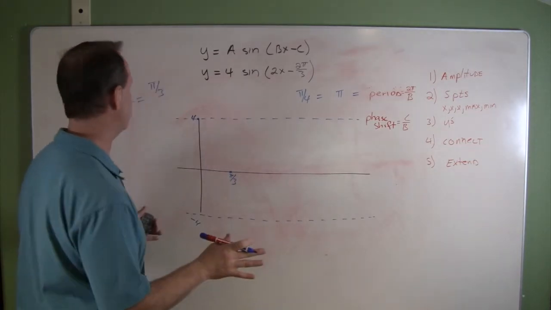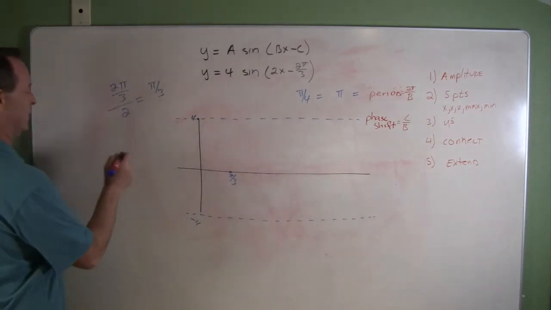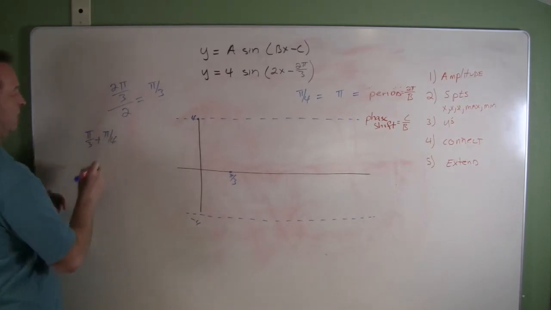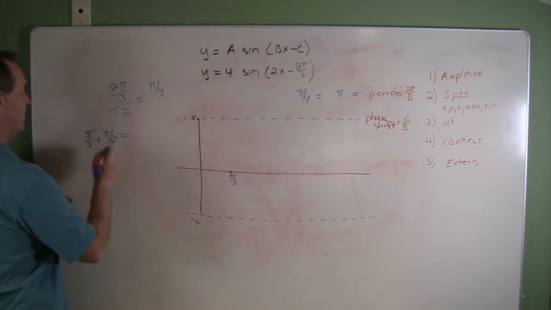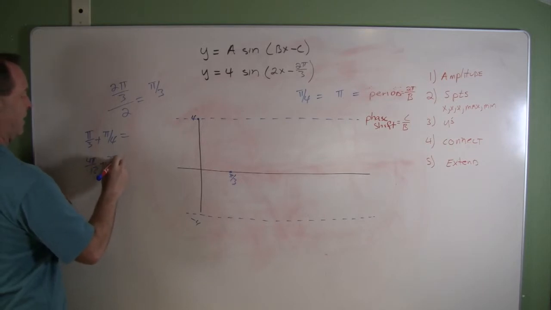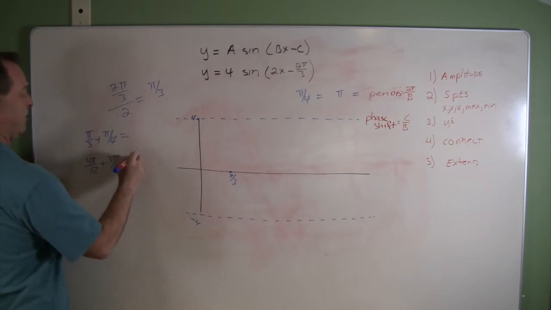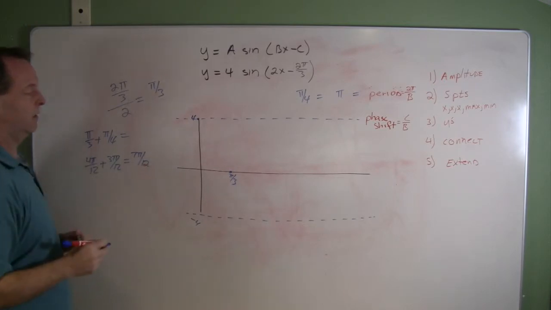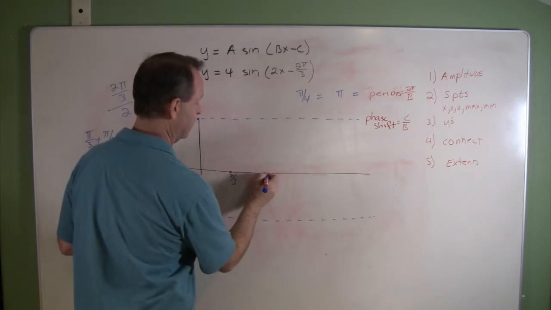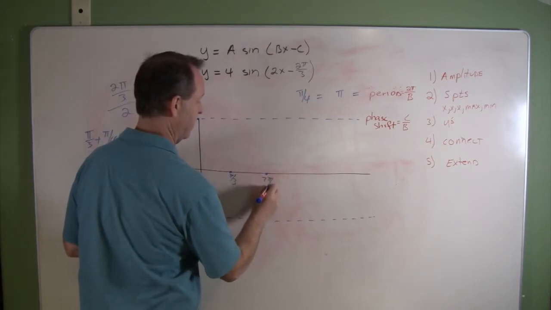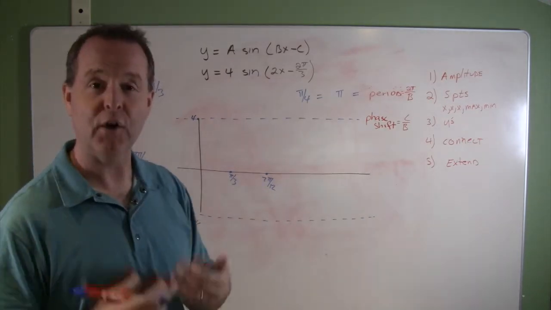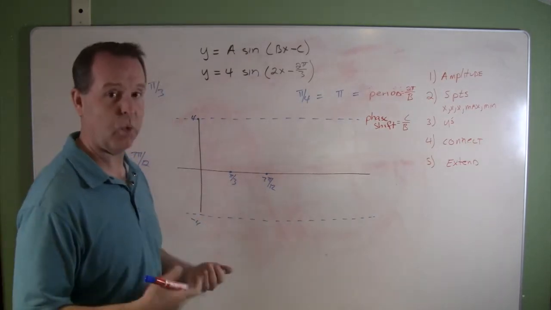So let me do the first one for you, and we'll get a sense of what's going on. I need to take pi thirds and add to it pi fourths. With common denominators, that's 4 pi over 12 plus 3 pi over 12, which gives me 7 pi twelfths. So the next interesting part of my graph is over here at 7 pi twelfths. Okay, let's add another 1/4 pi to 7 pi twelfths.